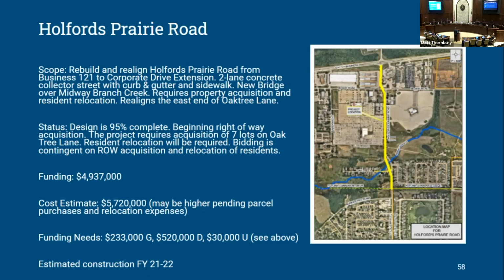On the construction side, we're almost $1 million short of funding, and I put an asterisk on that because until we really get into the right-of-way and the resident relocation issues, it's really hard to tell where the costs on this are going to go. And of course, that's going to affect the construction timeline significantly.